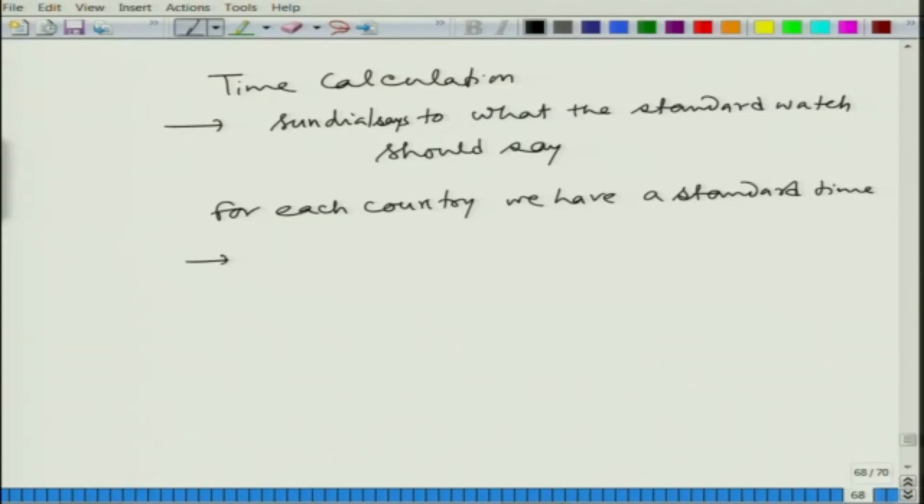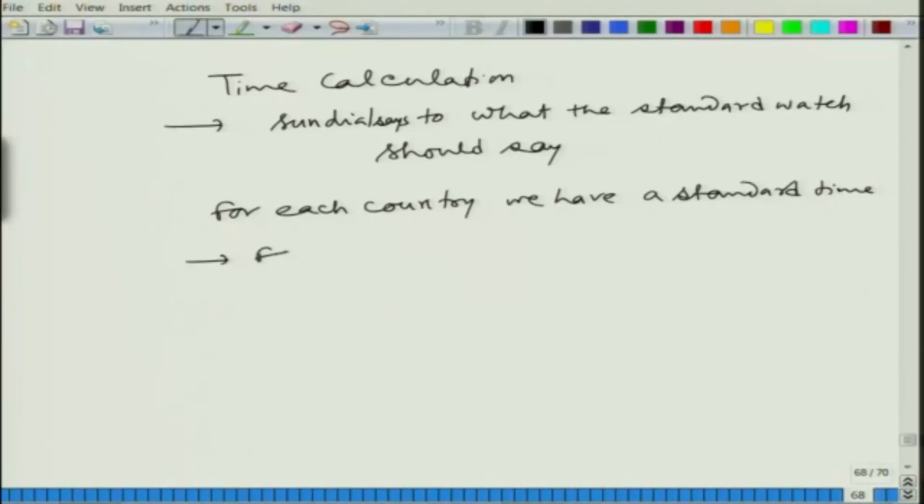Then in some part the sun will rise at 10 o'clock in the morning, and in some part it will rise at 4 in the morning. For any office or anything to run smoothly, you have to fix a time. So, if the office time starts at 9 and if it is the middle of the night or the sun is not out yet, you cannot go to the office, right.